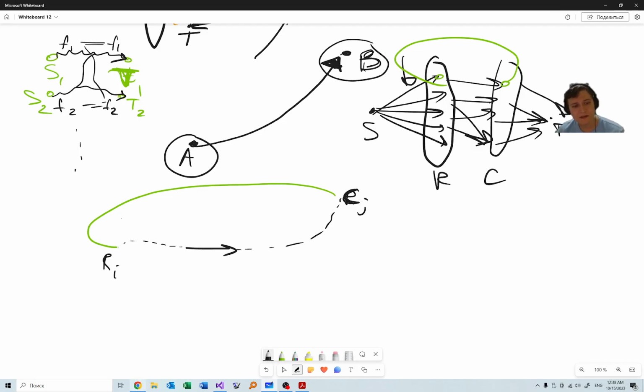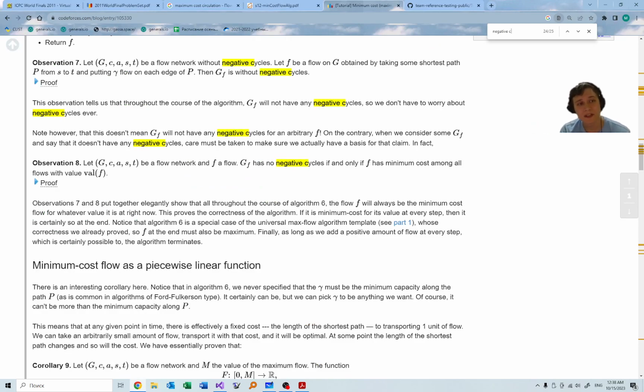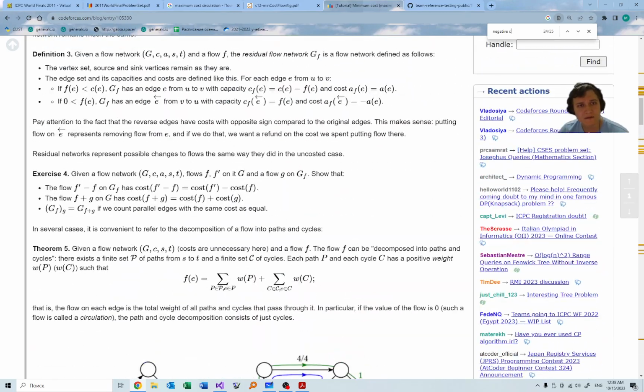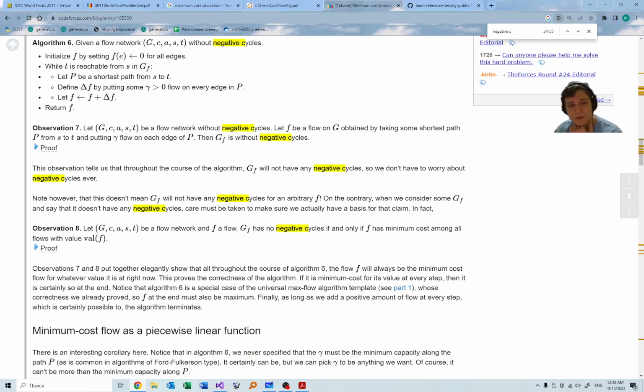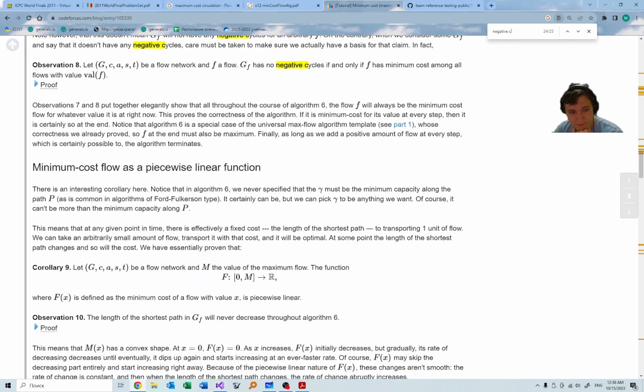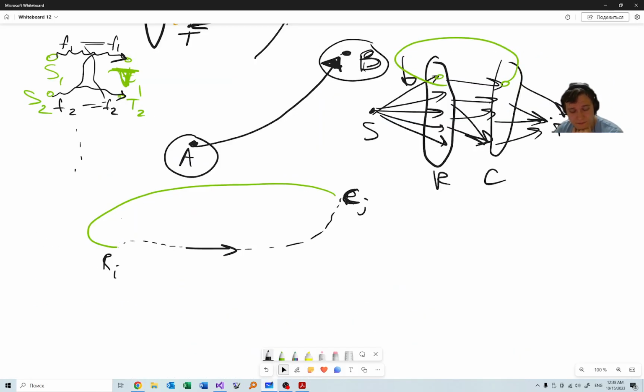So I have some graph, and I need to find a negative cycle of minimum cost, don't I? Let's make an example. Let's make it harder, something like this.